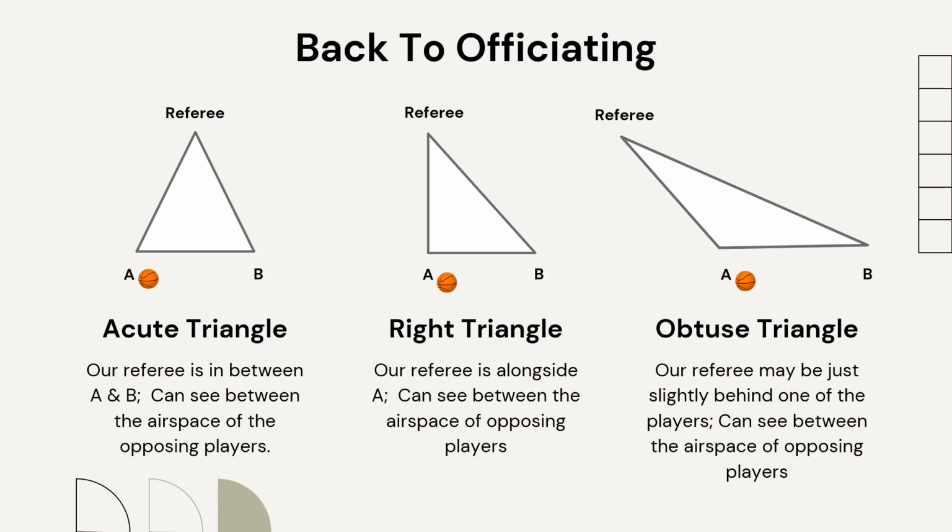Regardless of which of these triangles these 3 points form, the commonality with all these triangles is that our official is able to see between the airspace of opposing players. And when we can see between the airspace of opposing players, we are in a great position to make accurate rulings on plays.